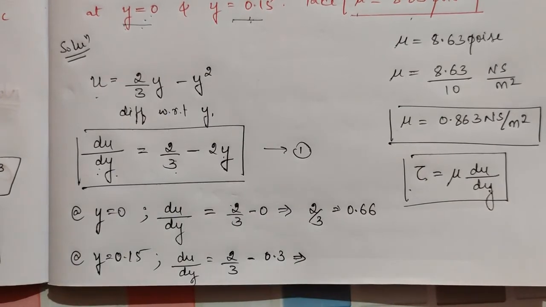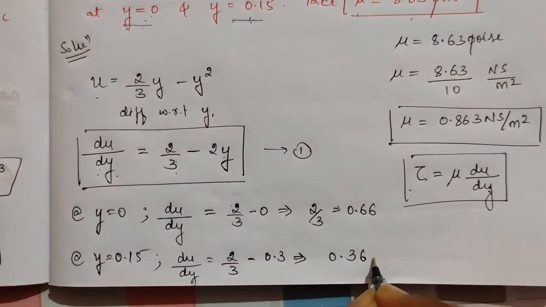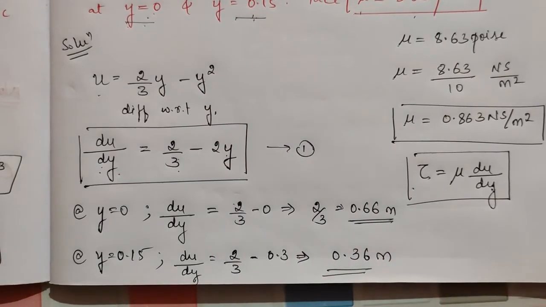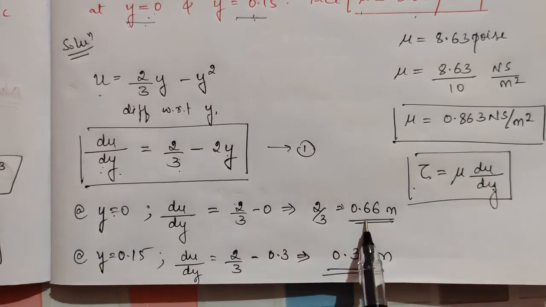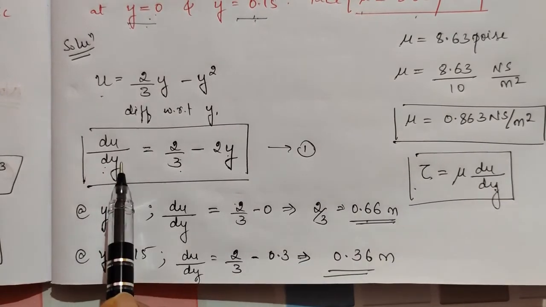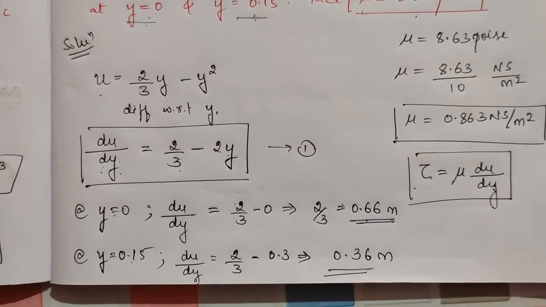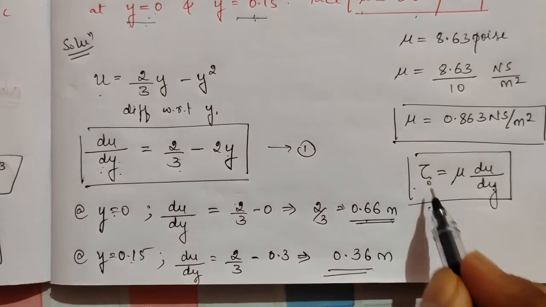So 0.66 minus 0.3 is nothing but 0.36 per meter. So du by dy at y is equal to 0 is 0.66, and at 0.15 is 0.36.